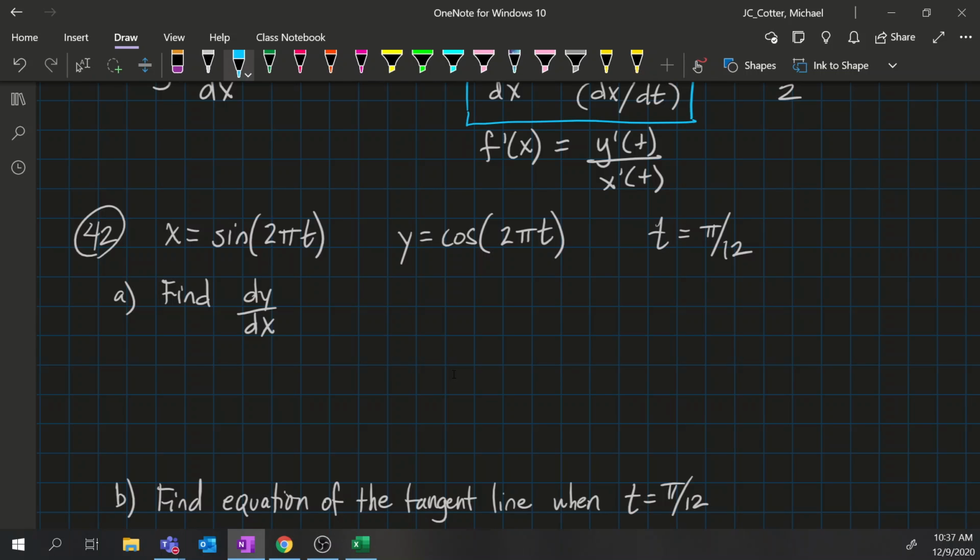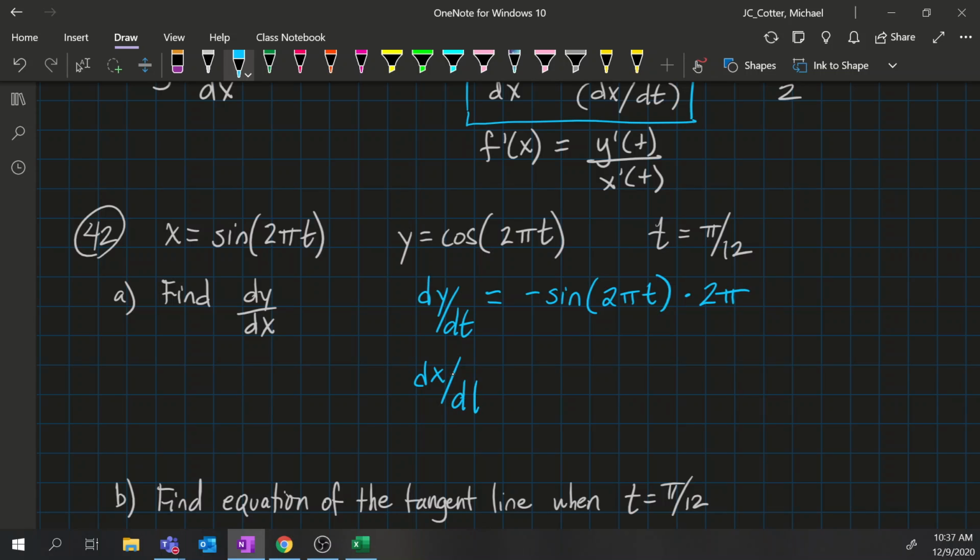Okay, so how do we find dy dx? Well, first we're going to find dy dt. So what's the rate of change of y with respect to t? So we just take a derivative. It's going to be negative sine 2 pi t, and then we got to do a chain rule on that, so times 2 pi. Next thing we're going to do is find dx dt.